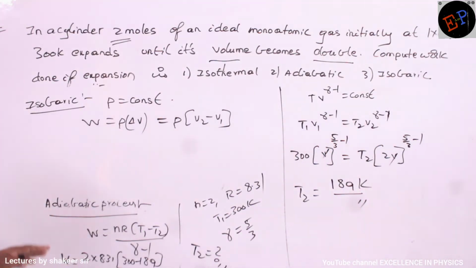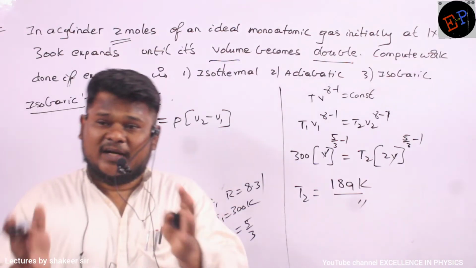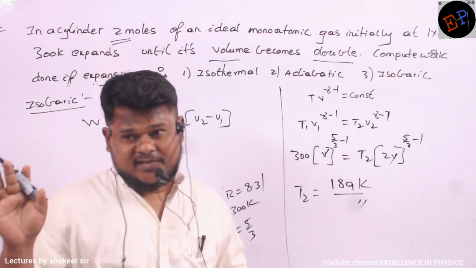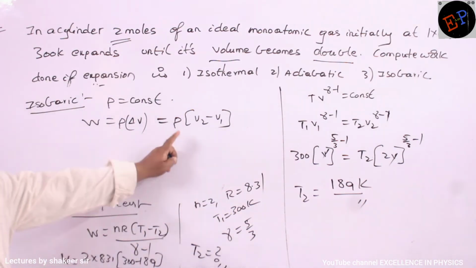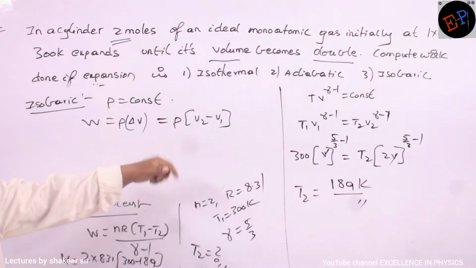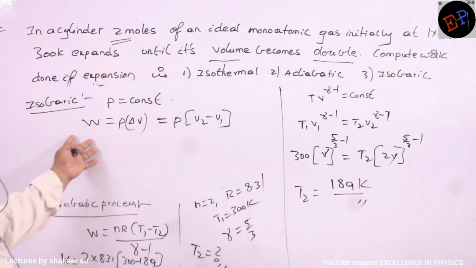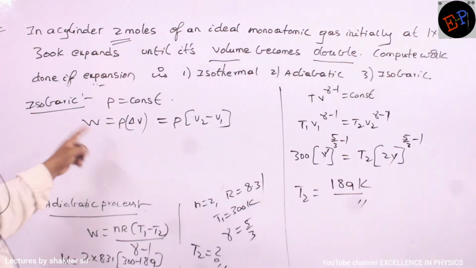In the previous isothermal process, they were getting cancelled: V2 by V1, 2V by V, V was getting cancelled. But here I have to multiply by V, which means I need to calculate V. Initial volume I don't know. How can I calculate it?